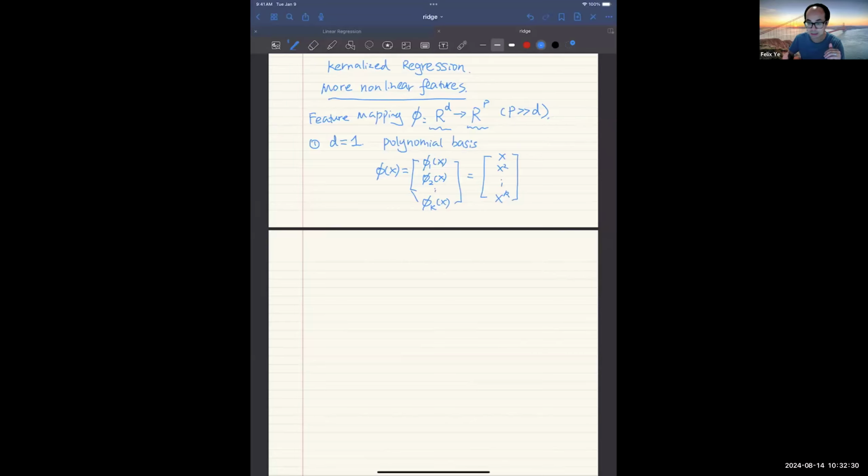So this is basically a polynomial basis. And of course, if D is bigger than 1, this is the case that we usually encounter all the time in practice.